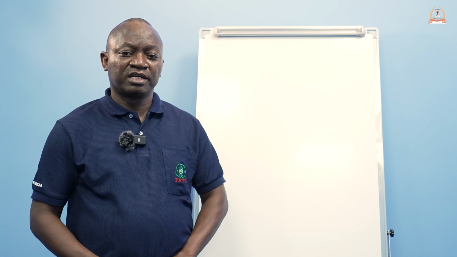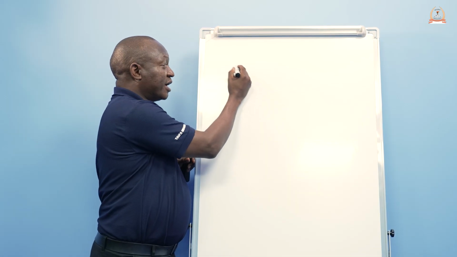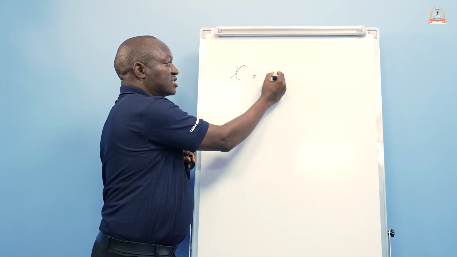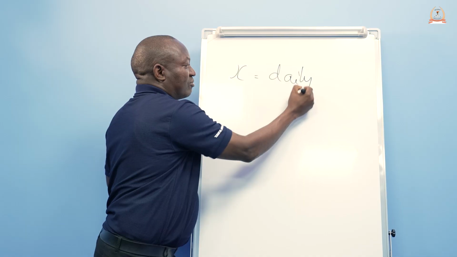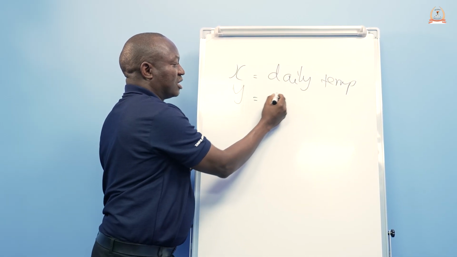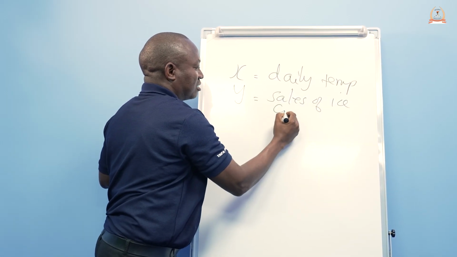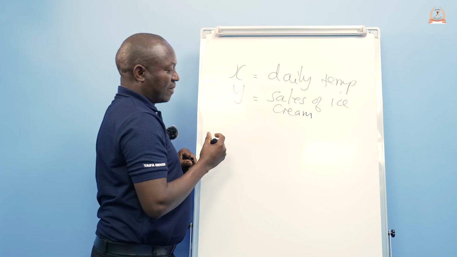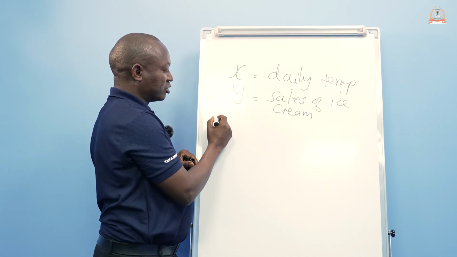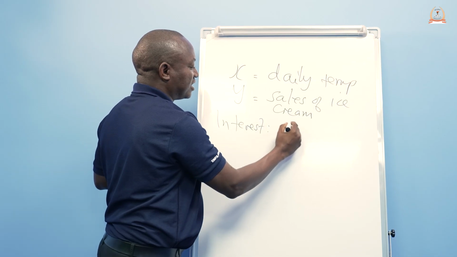So let X be the daily temperature, and let Y be sales of ice cream.